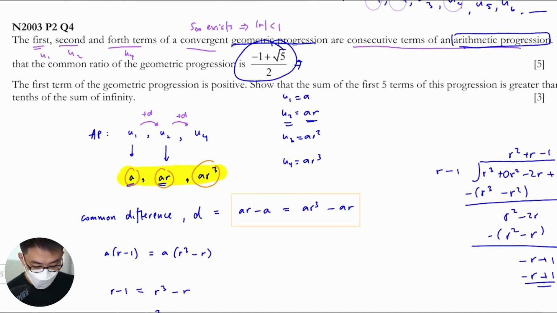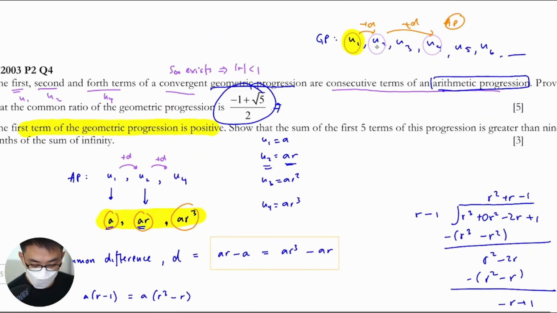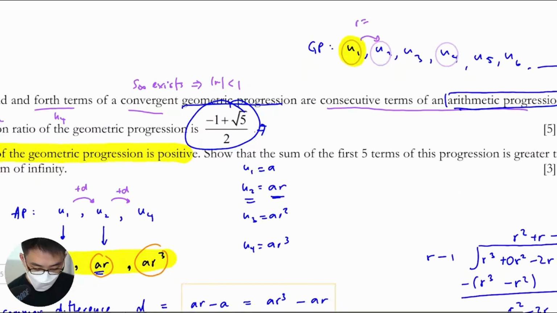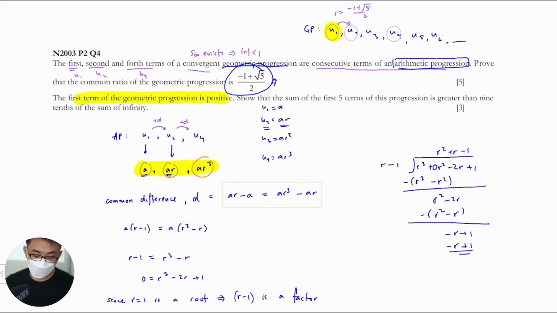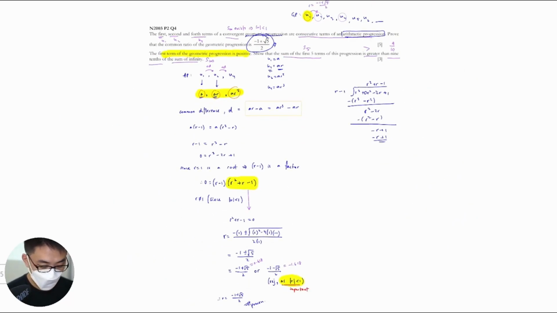The first term of the GP is positive. We now know that for this GP, R is minus 1 plus root 5 over 2. Now show that the sum of the first 5 terms, S5, is greater than 9/10 of the sum to infinity. I think just show it, nothing fancy.